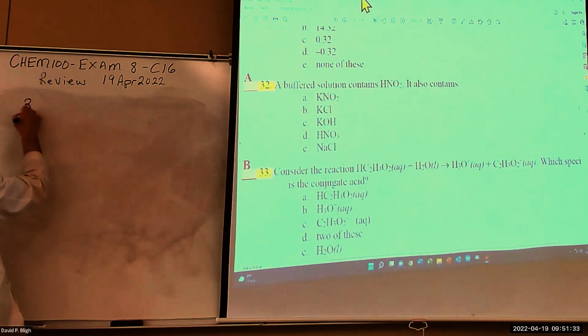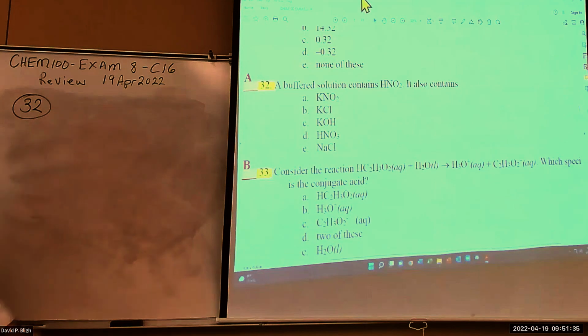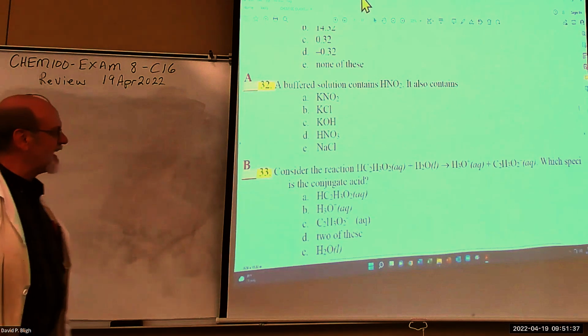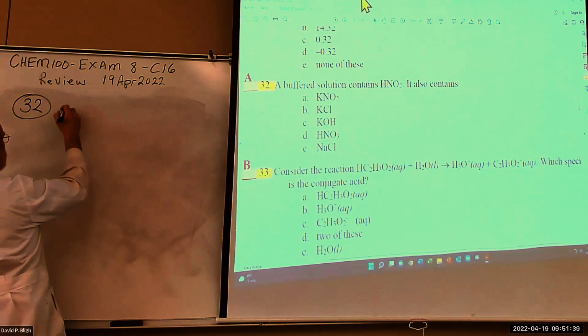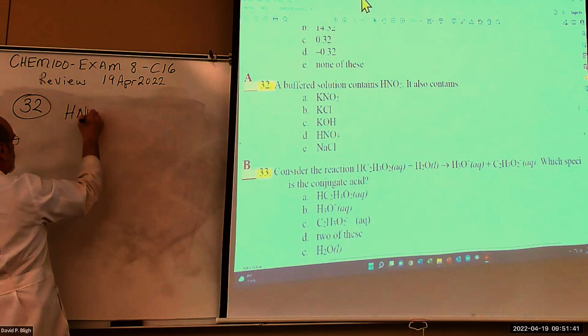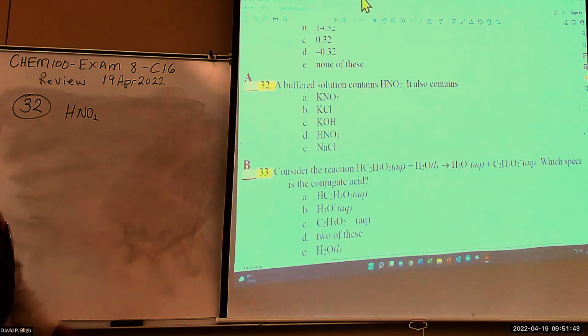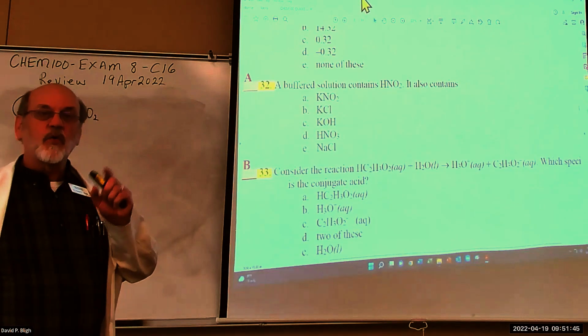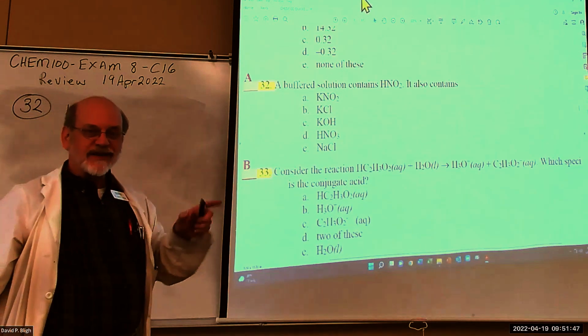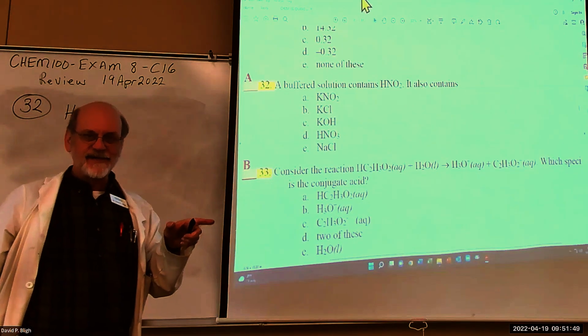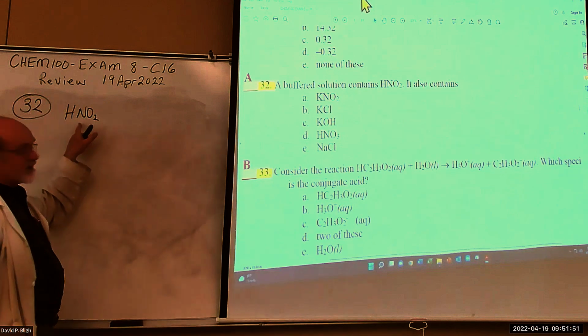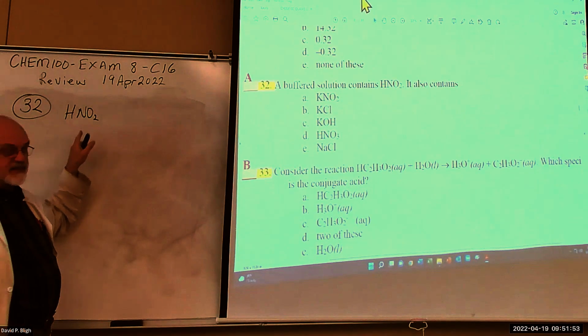32. A buffered solution contains HNO2. If it's a buffered solution, what else must it have there? Pre-existing. It needs the conjugate base of this acid.